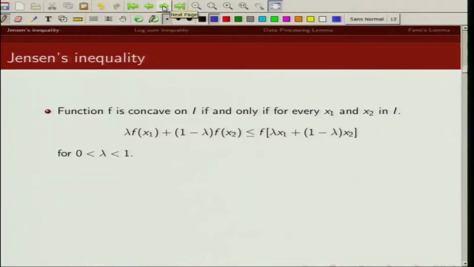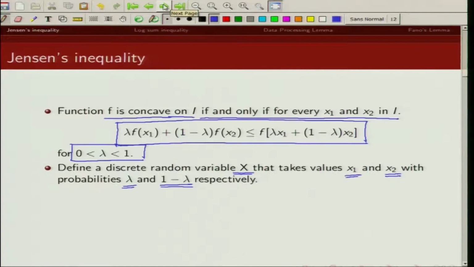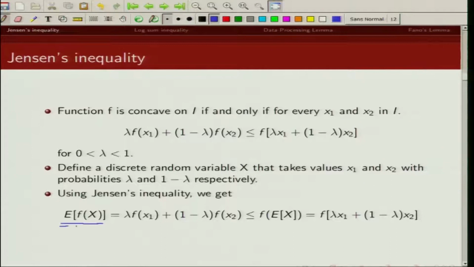So, then let us compute the expected value of the function. What is the expected value of the function? X takes values x1 and x2 with probability lambda and 1 minus lambda.